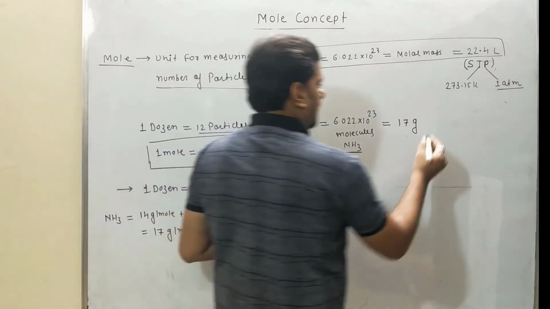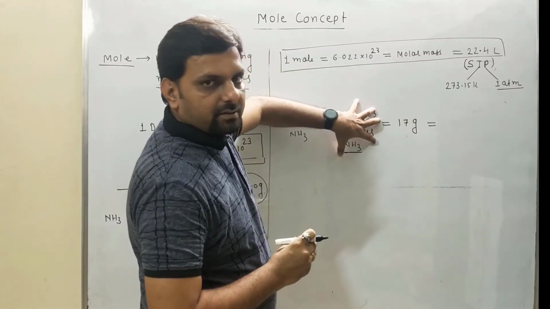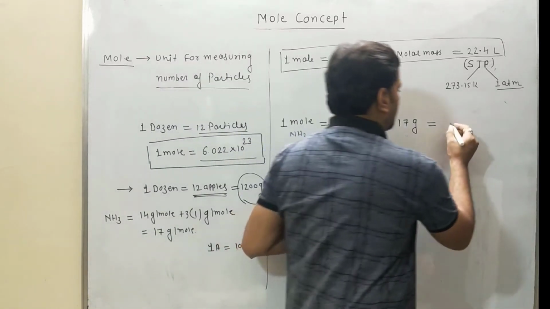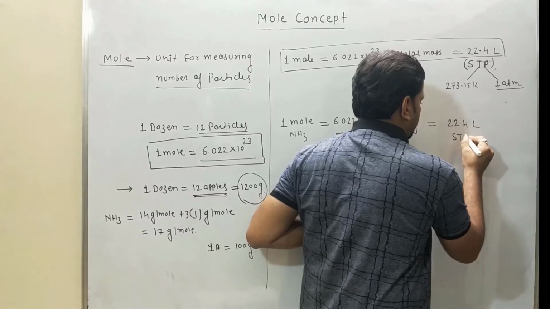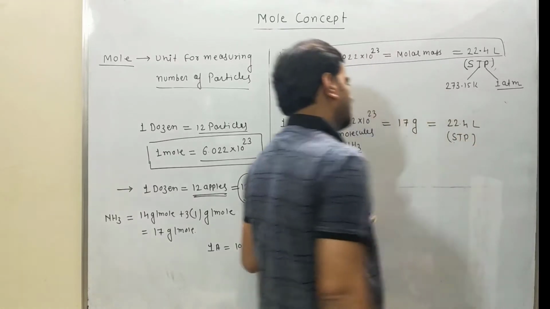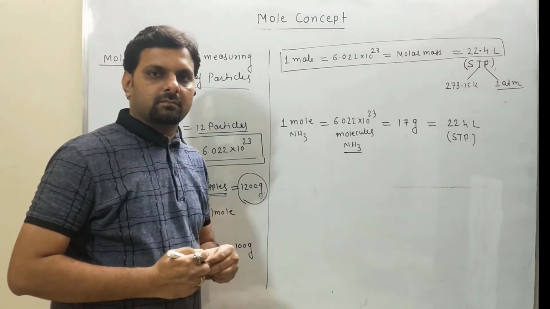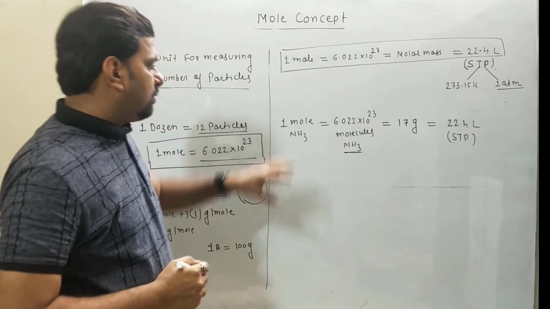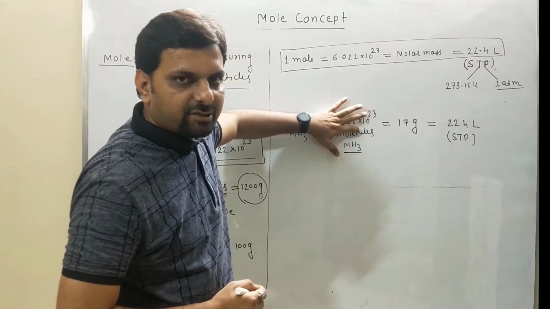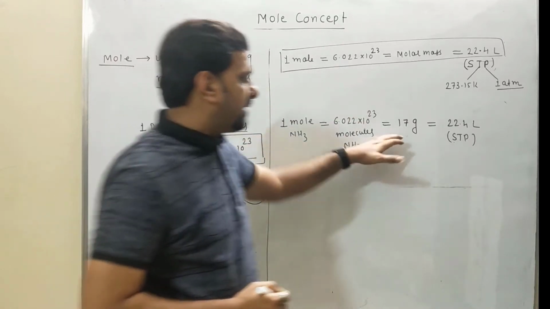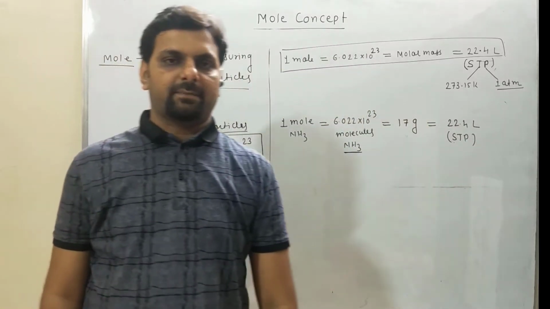Now the volume of these molecules would be 22.4 liter at STP. Clear? So 1 mole NH3 consists of 6.022 into 10 raised to 23 molecules of NH3, equal to 17 gram and equal to 22.4 liter at STP.